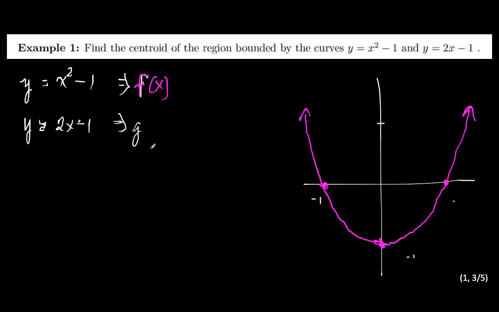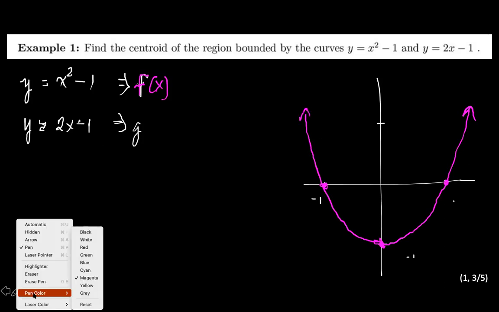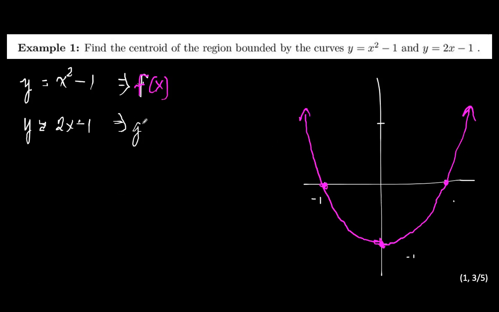However, for the other graph, let's use cyan for g of x. Okay, and the points of intersection of 2x minus 1 with the axes are the following. It intersects the point 0, negative 1 as well, and 1/2 here.